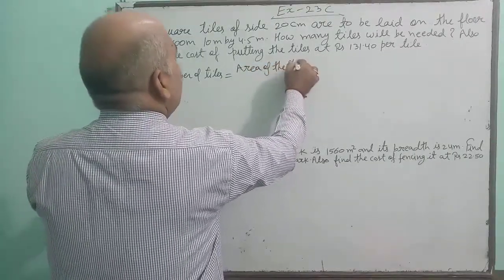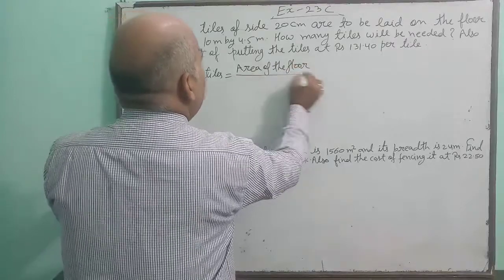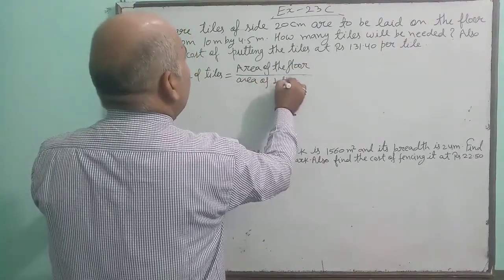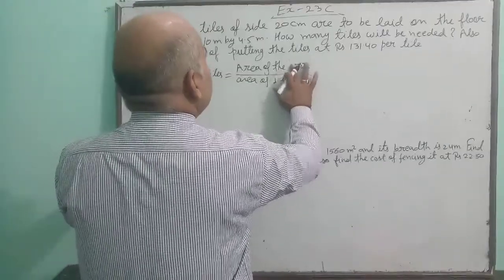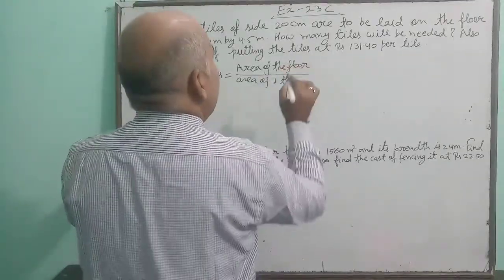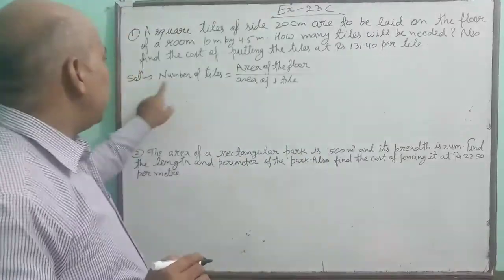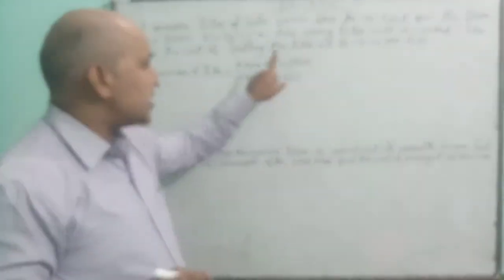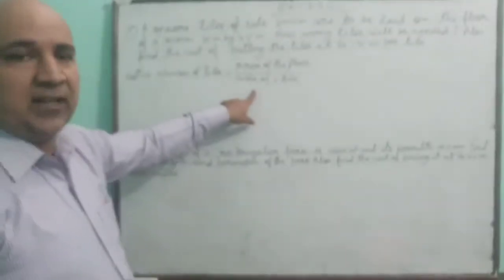Area of the floor divided by area of one tile. This is the concept, children, which you have to remember. How will you find the number of tiles? The area of the floor is divided by the area of one tile.